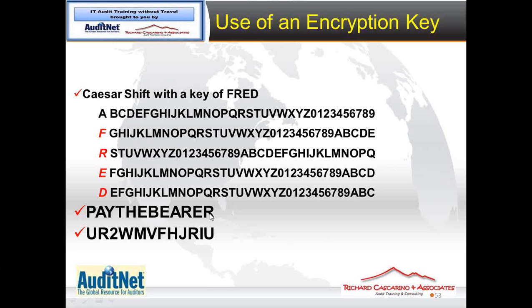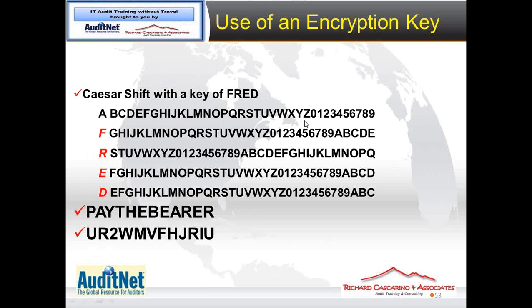So if I want to send a message, pay the bear, I'll take my P. There's my P. It's the first letter. So I'll look it up on the first line, and it's a U. My next letter is an A, but it's the second letter, so I'll look it up on the second line, and that's an R. Next letter is a Y, and that's the third one.